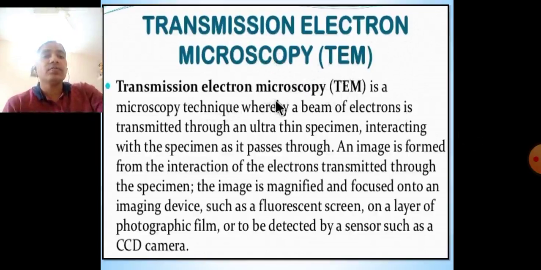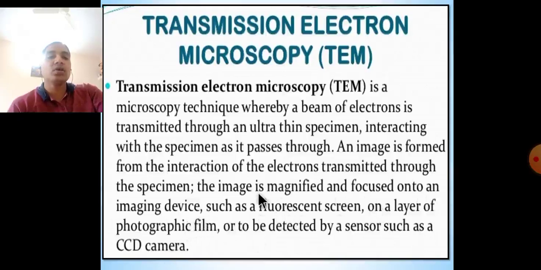Transmission electron microscope principle. The TEM is a microscopic technique whereby a beam of electrons is transmitted through an ultra-thin specimen, interacting with the specimen as it passes through. An image is formed from the interaction of the electrons transmitted through the specimen. The image is magnified and focused onto an imaging device.